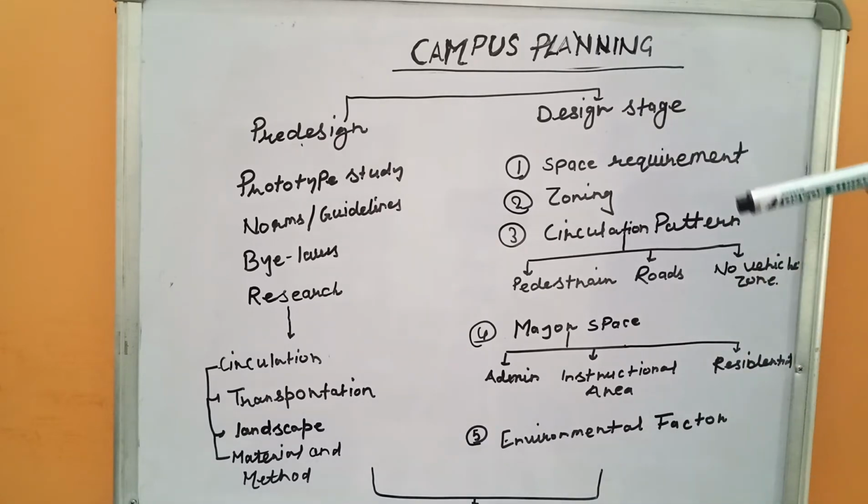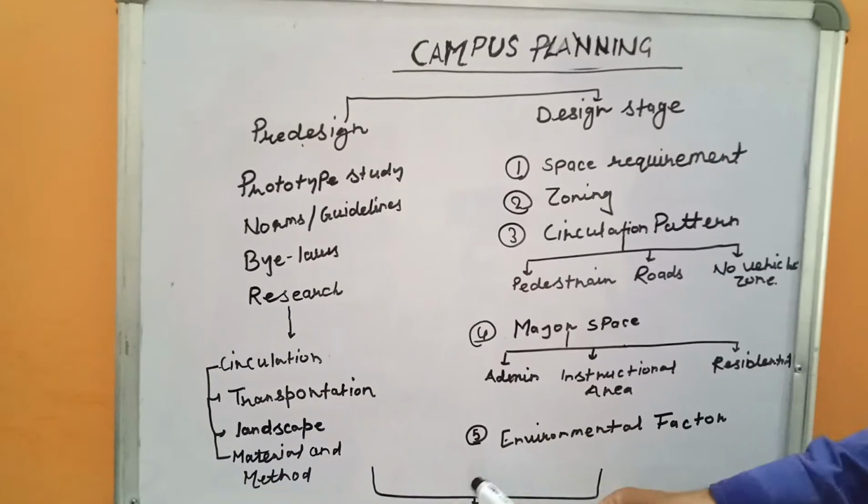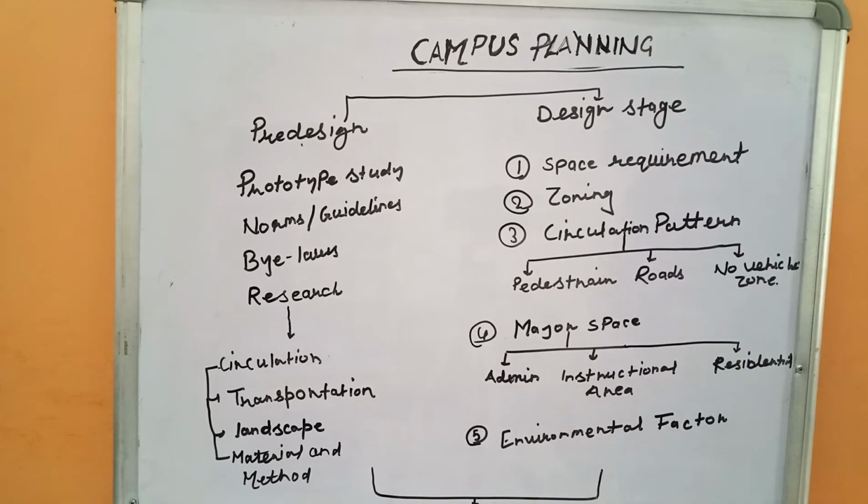So again, the environmental factor. While designing and keeping all these parameters in mind, we don't forget the environmental factor, which is nowadays mandatory by bylaws, but as an architect, in ethical practice, if we neglect this factor, then your design can go wrong.